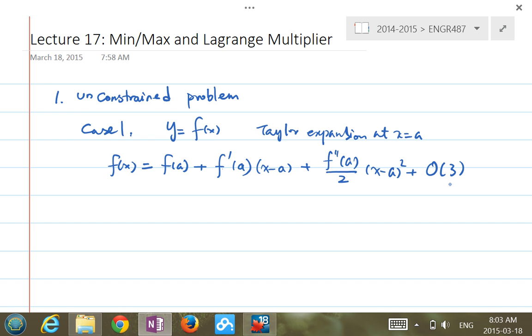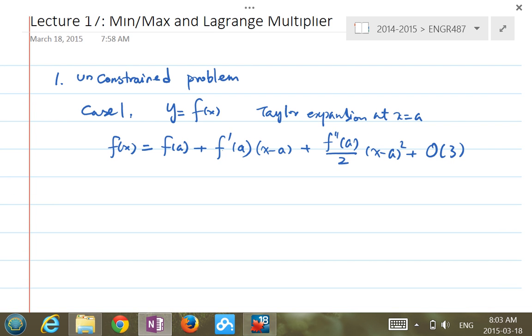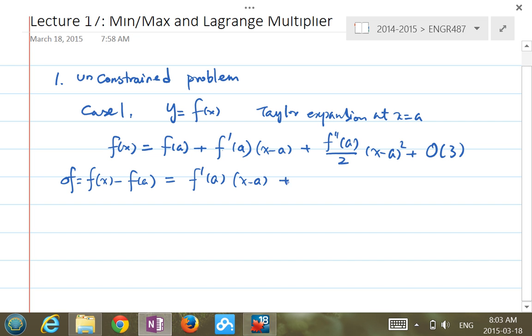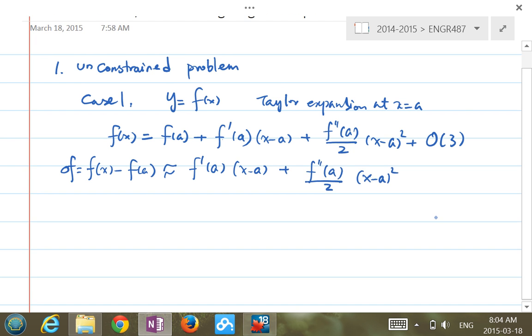That's the Taylor series expansion. If you move f of a to the other side, let's call it delta f, this is basically f prime of a times x minus a plus higher order terms. If I get rid of the higher order terms, then this is the approximation.